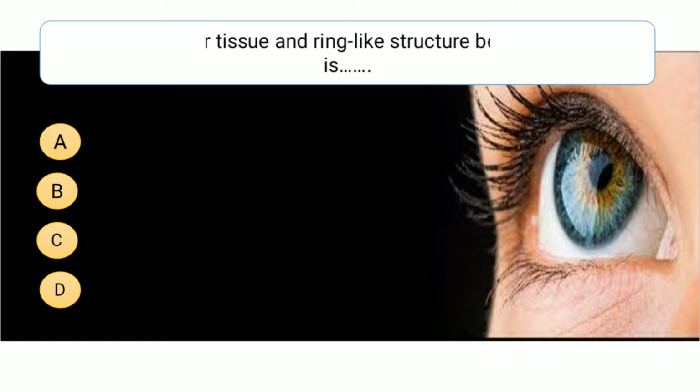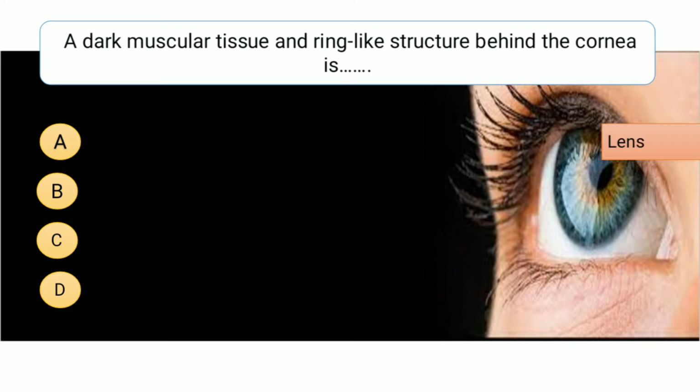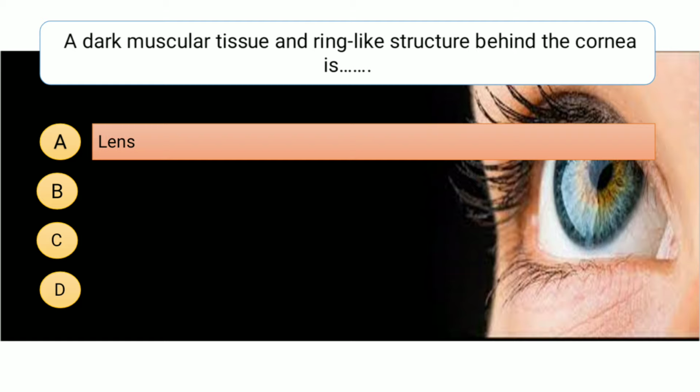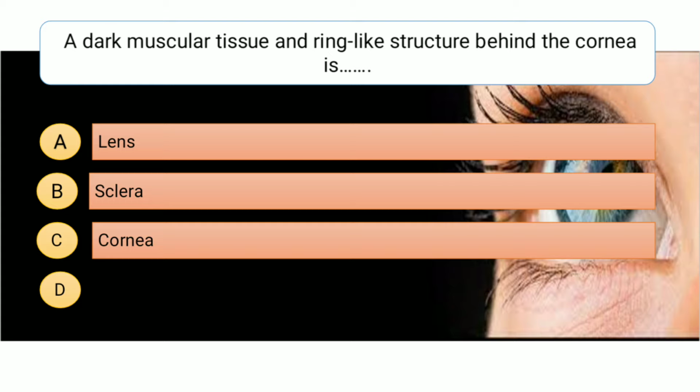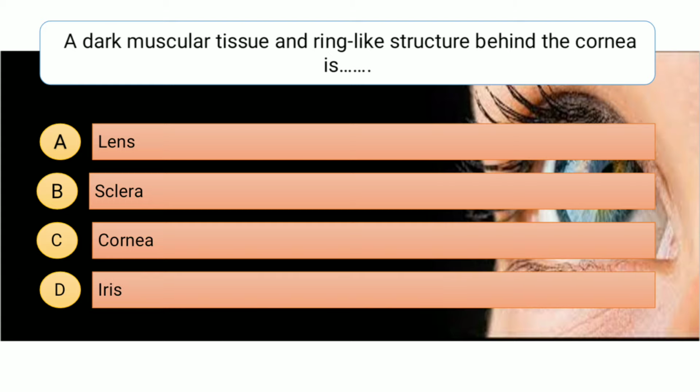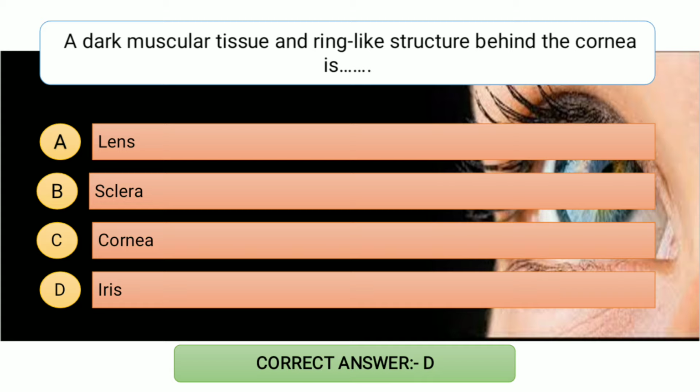The next question is, a dark muscular tissue and ring-like structure behind cornea is, and the options are A lens, B sclera, C cornea and D iris. So students, the correct answer of this question is option number D, that is iris.